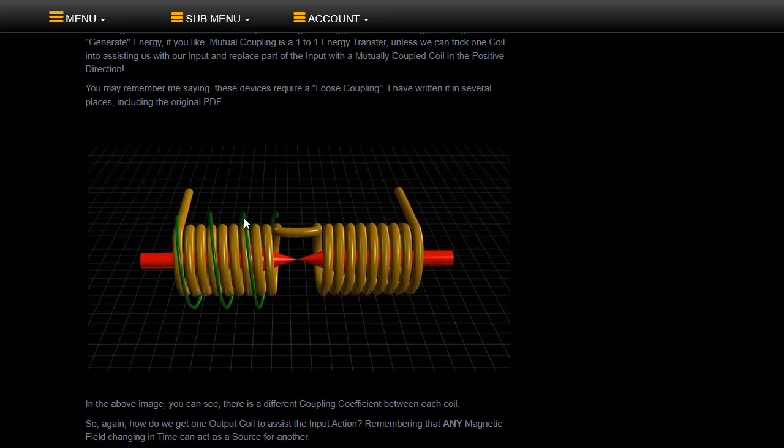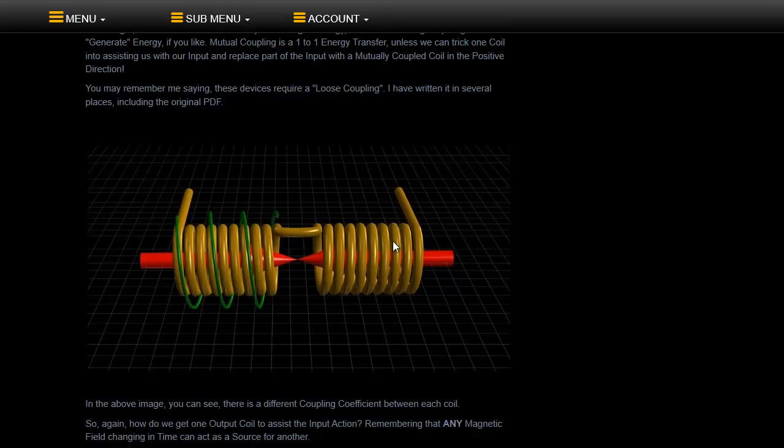The input coil would have this arrow but in reverse, so this arrow here would be in the same direction as the magnetic field from the primary coil. So this coil over here assists the magnetic field from the input coil, the green coil, but does oppose the magnetic field from this coil over here.